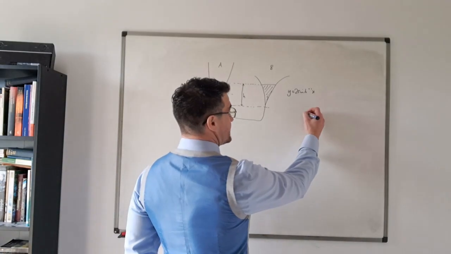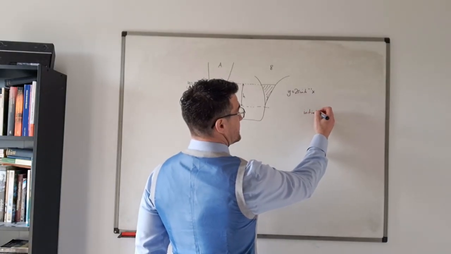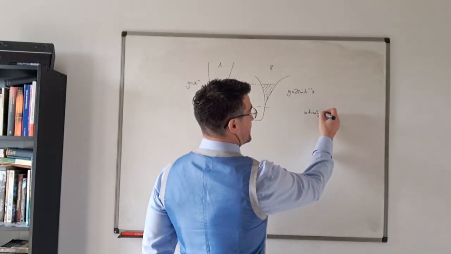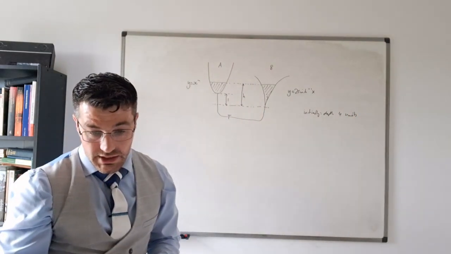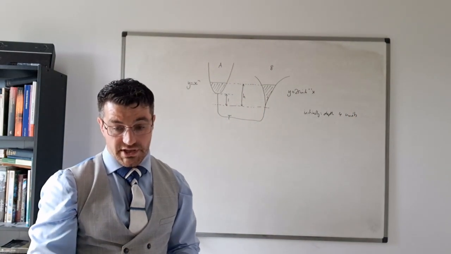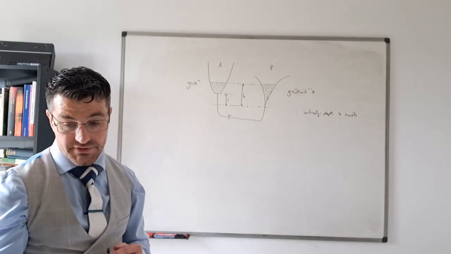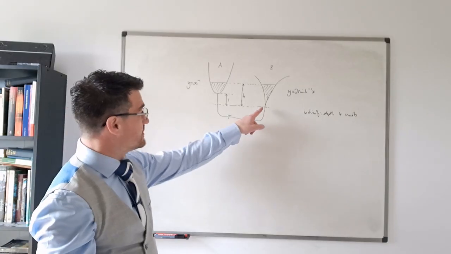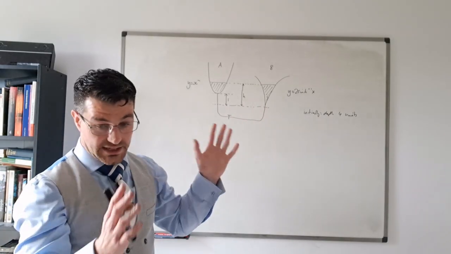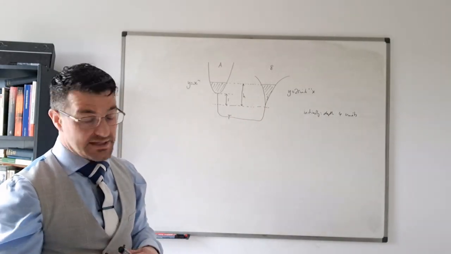So initially, depth of 4 units. We'll make a note of that. The tap is opened, and when the water comes to rest, both surfaces are at a height h above the bottom of B, as shown in the diagram. Show that h satisfies this equation.